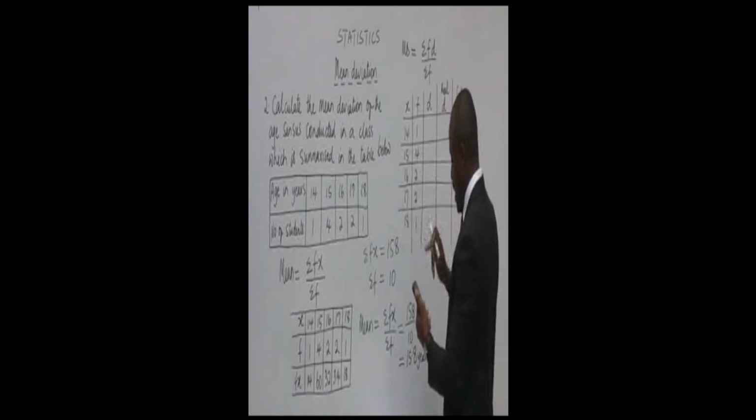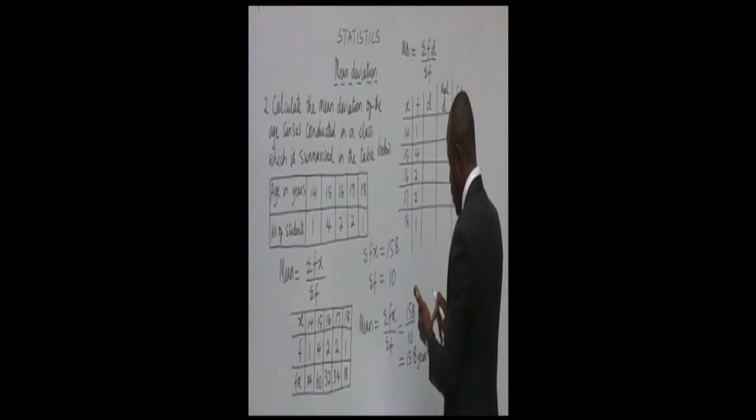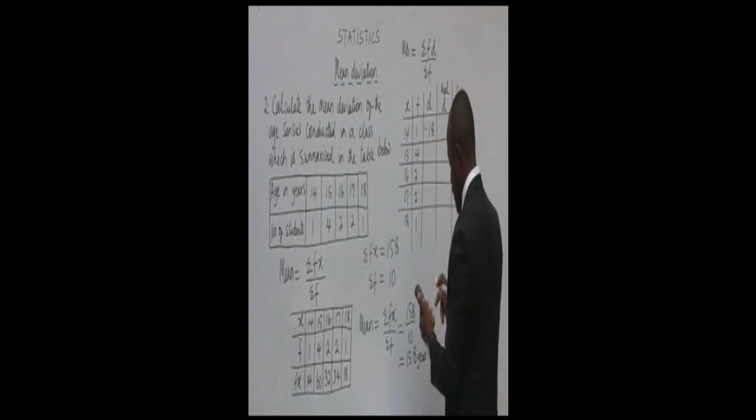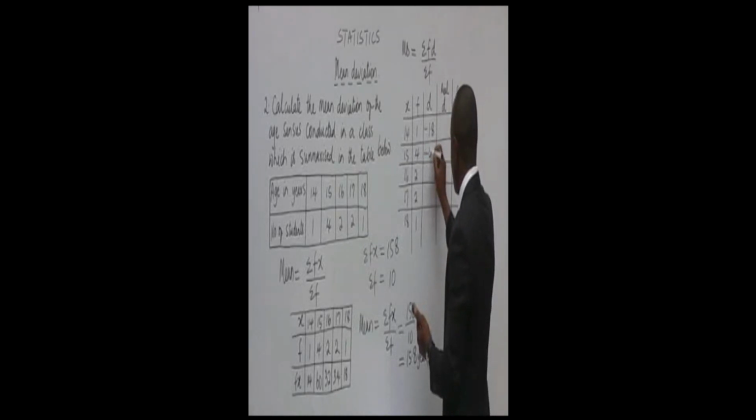Let's start from 14. 14 minus 15.8 gives us minus 1.8. The next one, 15 minus 15.8, gives us minus 0.8.